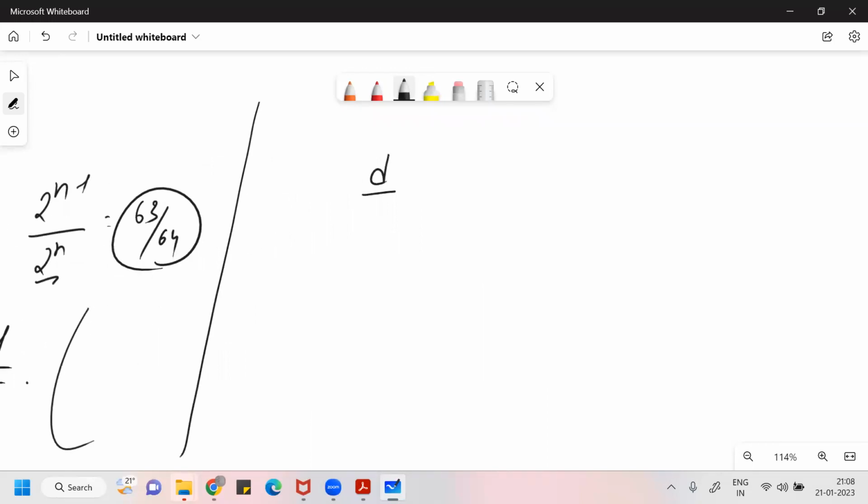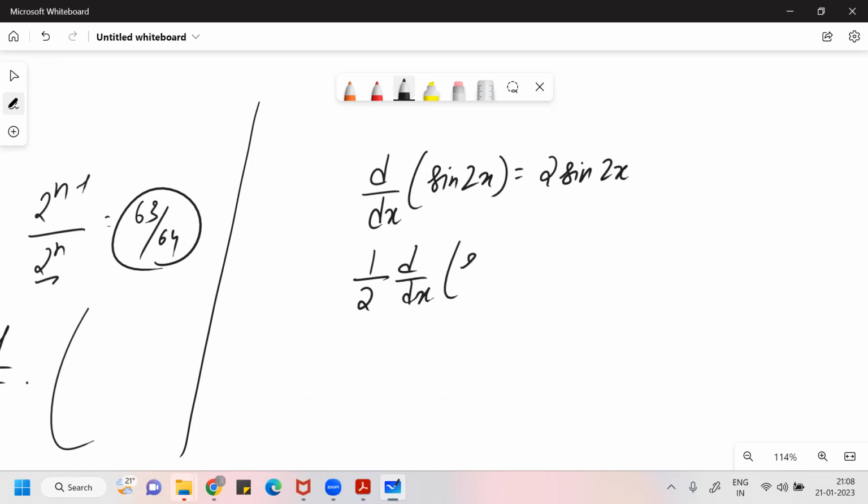Like if I ask you what is dy dx of sine 2x, so you'll say that is equal to 2 cos 2x. Okay, sorry. This dy dx of sine 2x would be 2 cos 2x. So you can write this as 1 by 2 of d by dx of sine 2x is equal to cos 2x.